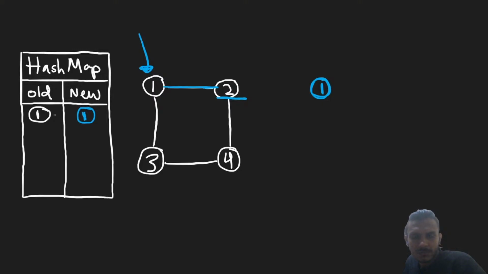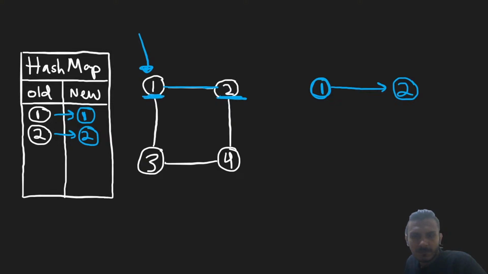So we're mapping the old node to the new node. And I'm going to show you why we're doing that in a second. So now we're going to go to node 2, right? And we're going to create a clone of node 2. So let's create that clone node 2. We're also going to add it to our hash map, right? We're mapping the old node 2 to its clone. So the clone in blue is the new node.